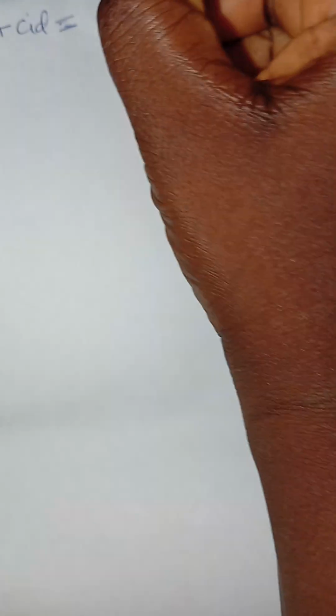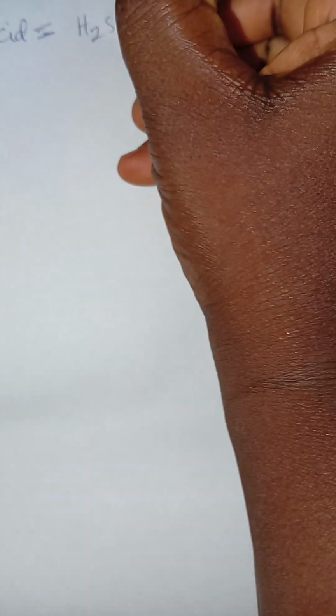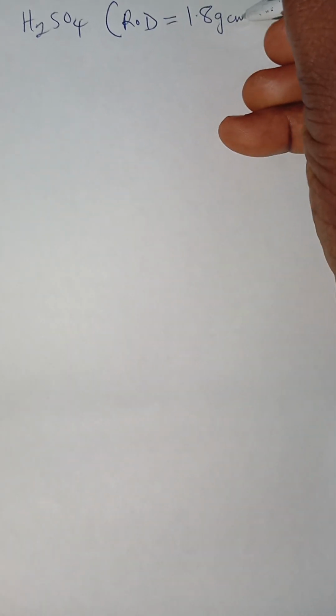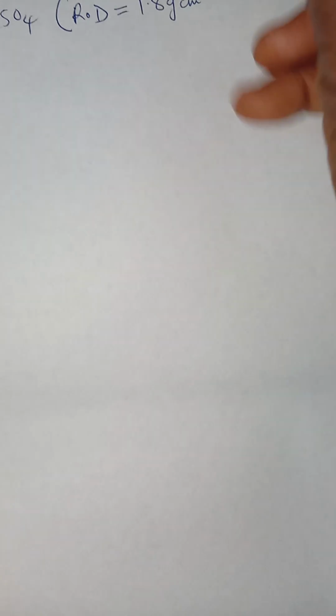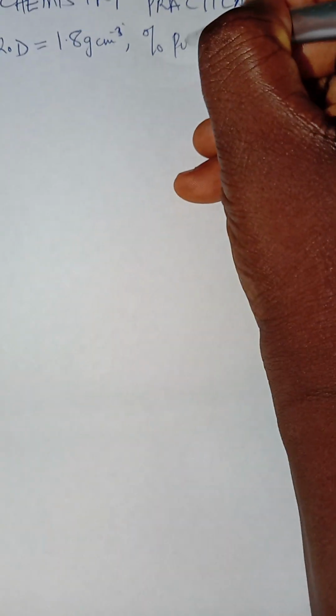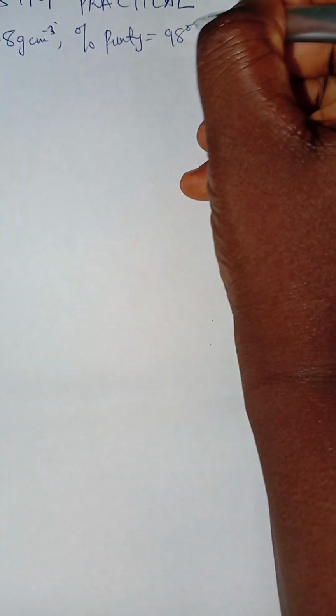So we're starting with the acid, and we're provided the acid to be tetraoxosulfate 6 acid, H2SO4. It has a relative density of about 1.84 grams per cm3, and the percentage purity to be, I think, 98%.